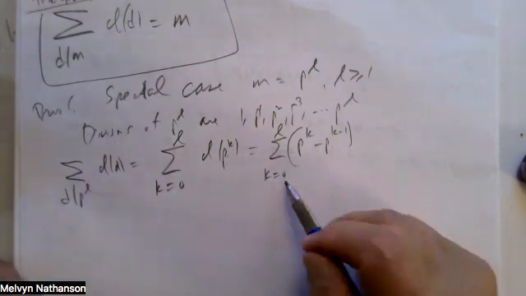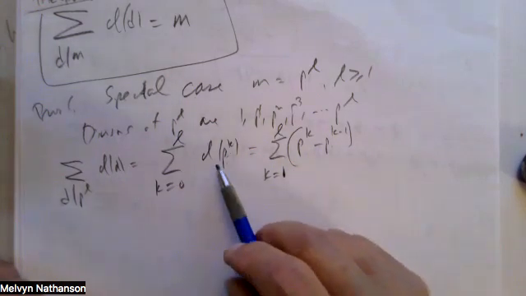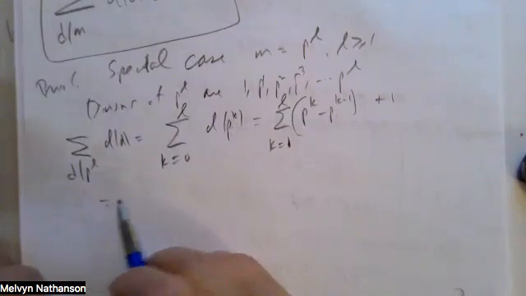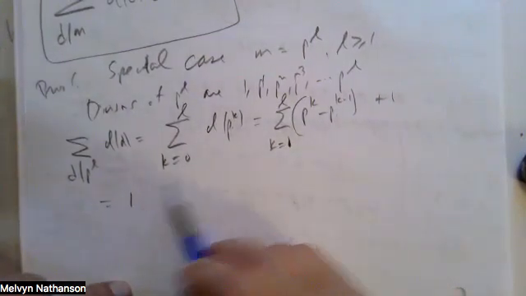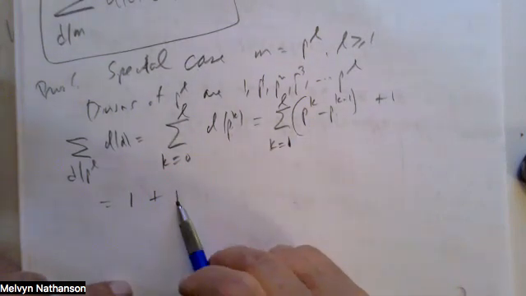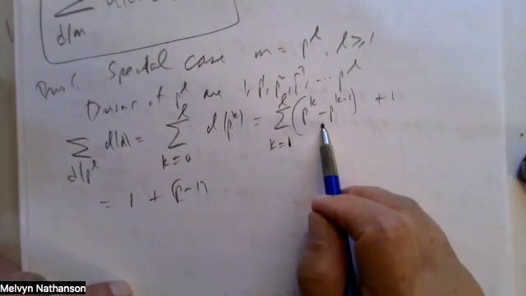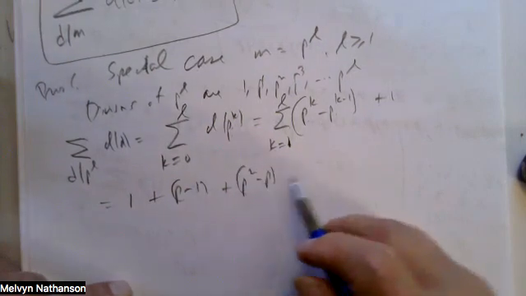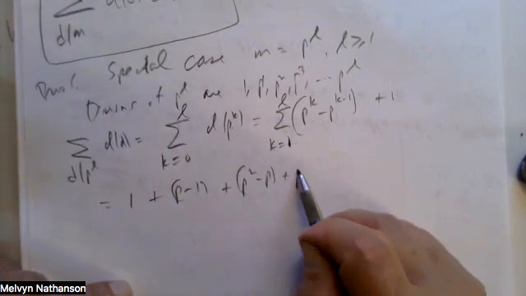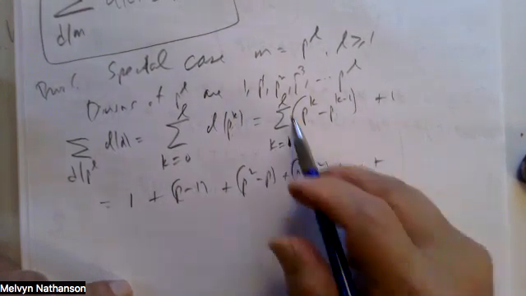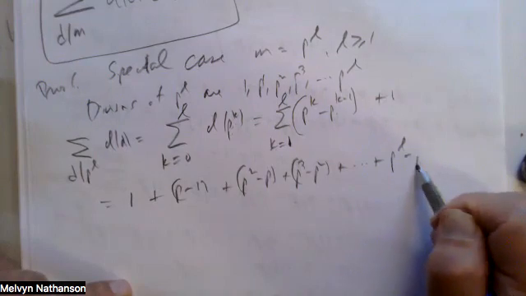Sorry, except when k equals 0, and phi of 1 is 1. So what is this? This is 1, that's the 1, plus when k is 1, I get p minus 1. When k is 2, I get p squared minus p. When k is 3, I get p cubed minus p squared, all the way up to when k is L, p to the L minus p to the L minus 1.